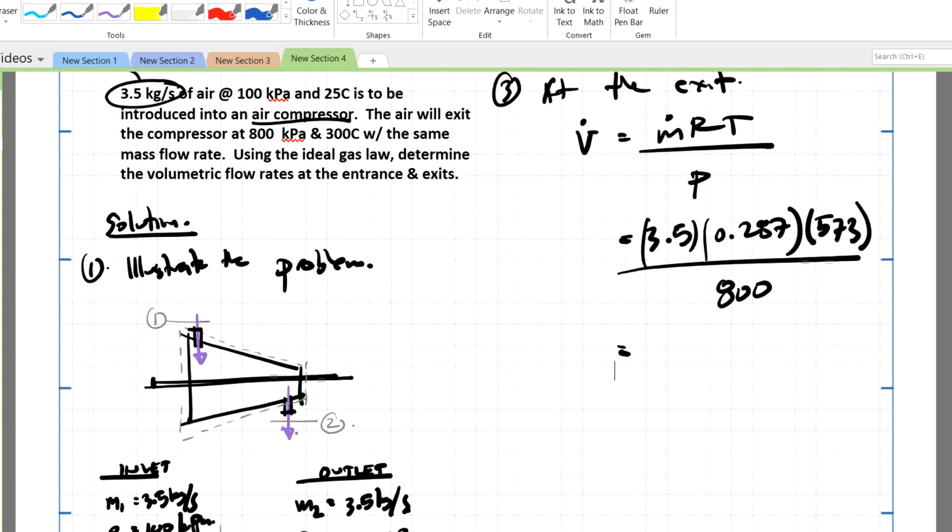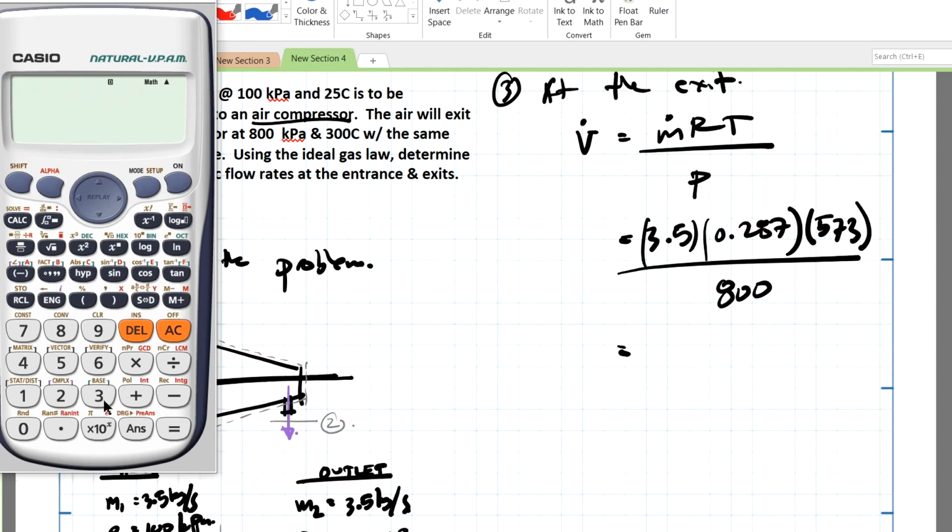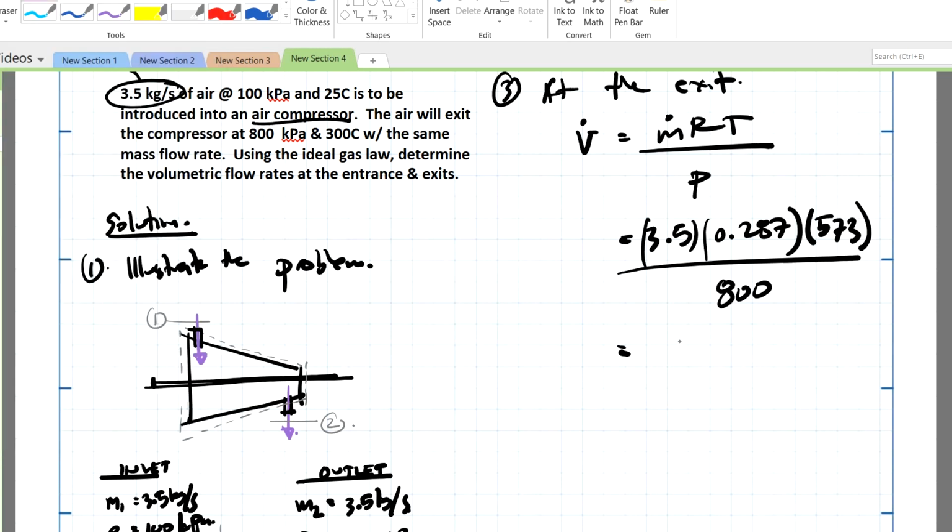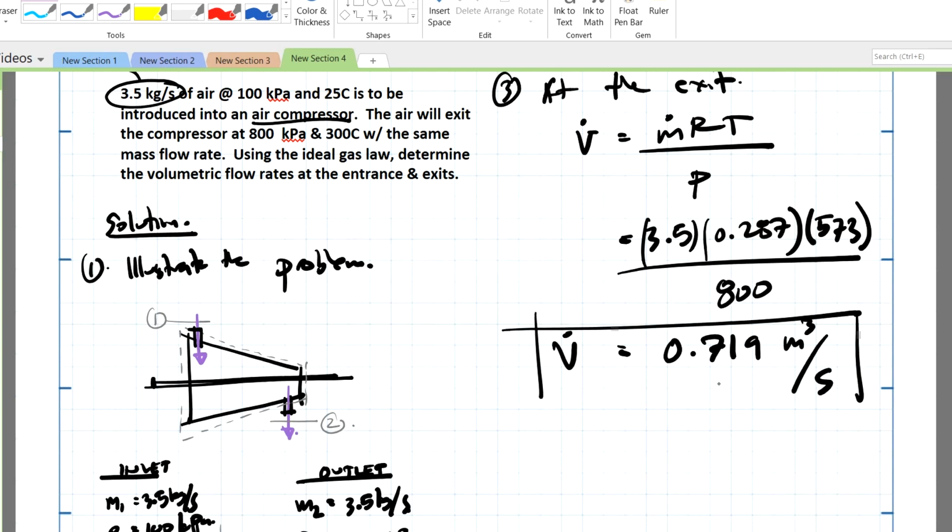So let's check. 3.5 times 0.287 times 573 divided by 800. We have 0.719. 0.719 cubic meters per second.